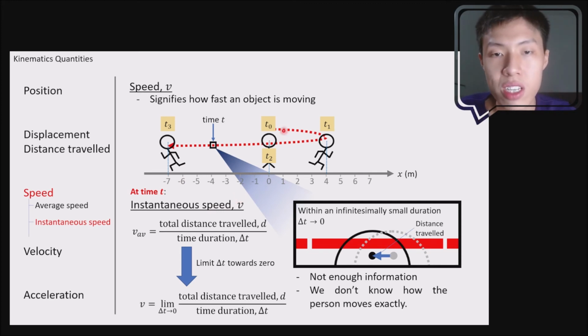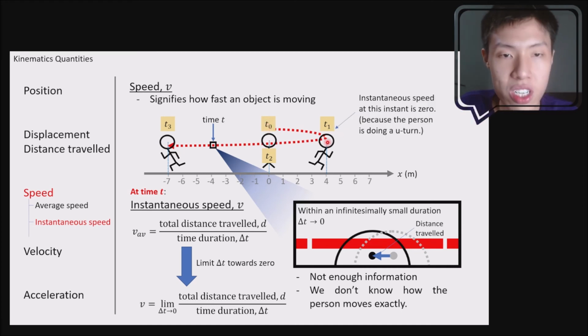So for this whole journey, we are unable to determine the instantaneous speed at any moment except for one single moment, which is the moment that this person makes a U-turn. Why do we know the instantaneous speed at this moment?